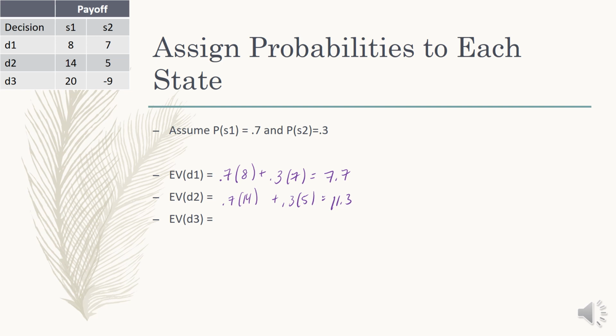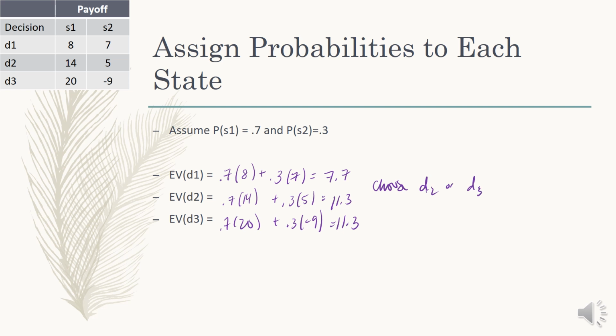Then we have the 0.7 times the payoff of 20 plus 0.3 times the payoff of -9, which is 11.3. So this time, based on the expected value approach, you could build either the medium or the large because the expected value is the same. So this time they could choose D2 or D3.